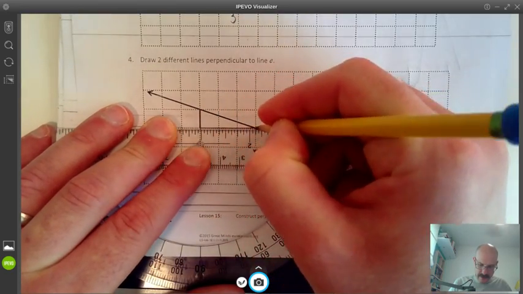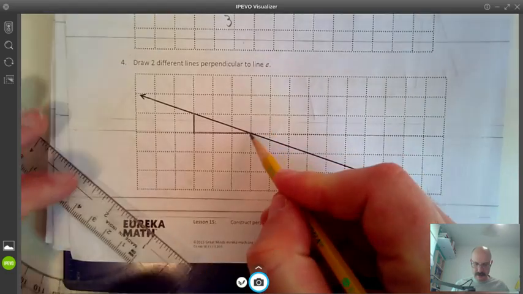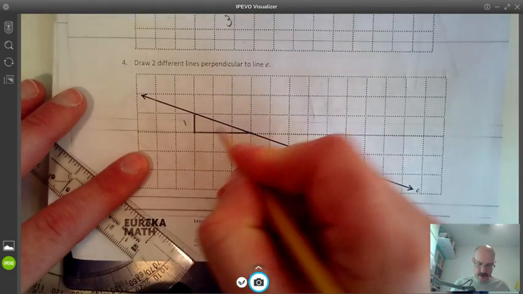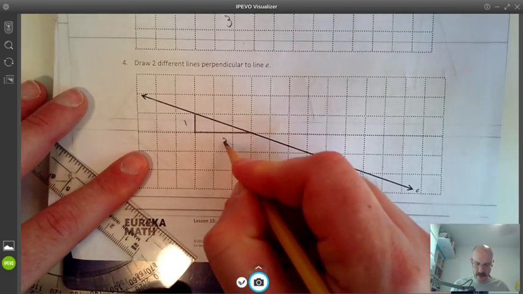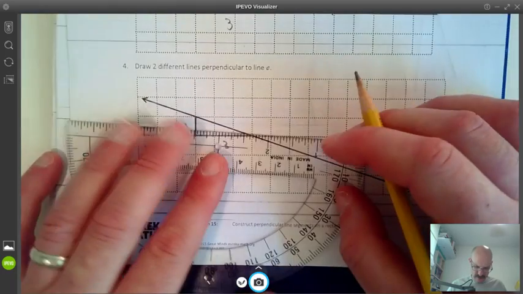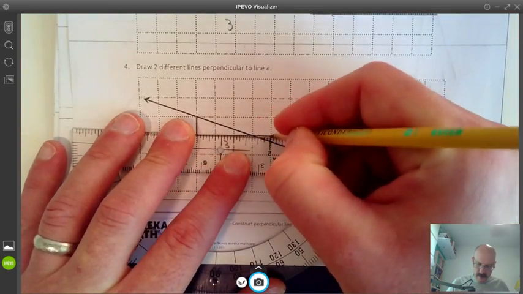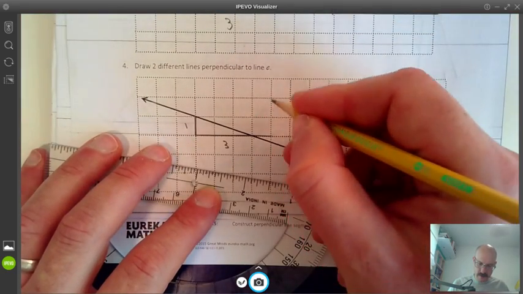I can see that the long side of that right triangle intersects with this point and this point. So that's 1 by 1, 2, 3. I'm going to flip it over this way. So how about here? 1 by 1, 2, 3.